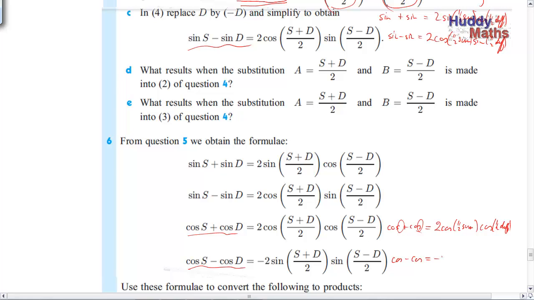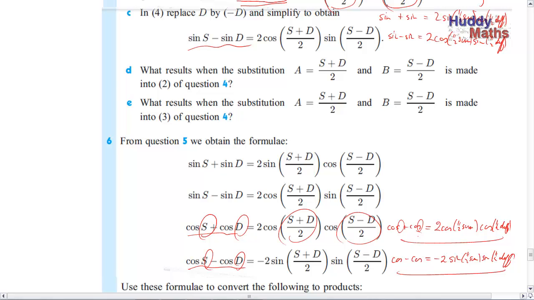Look out, it's negative 2 sine half sum, sine half difference. This is the way I want you to think about it. In other words, the angles here, where do they occur here? Half the sum and half the difference. Okay. So have a go at those and see if you can see how they're derived.